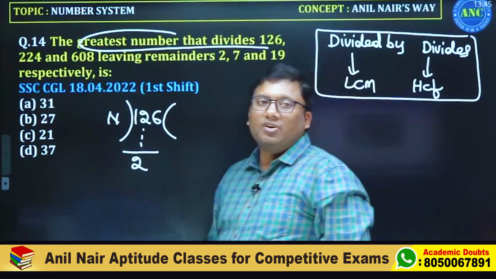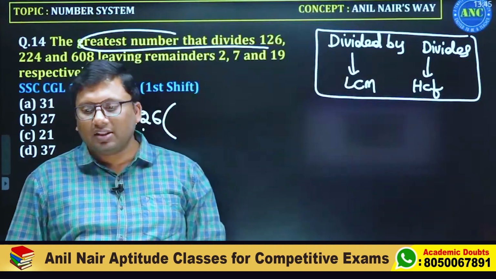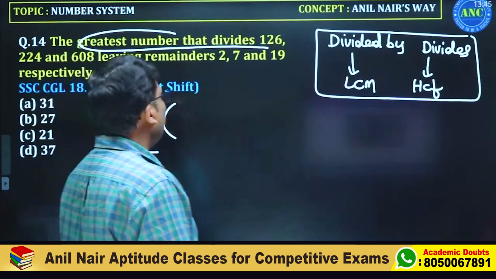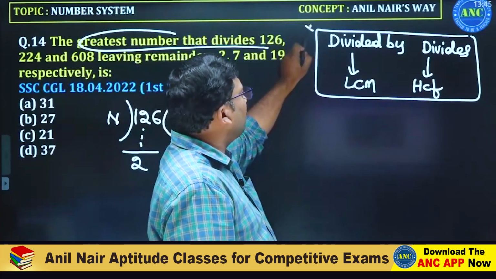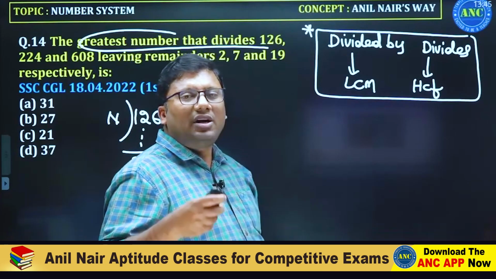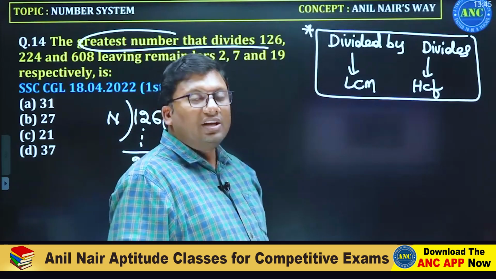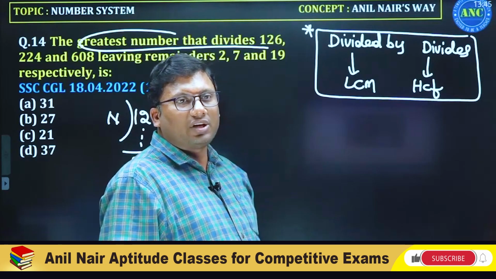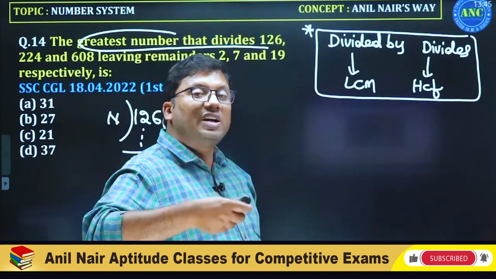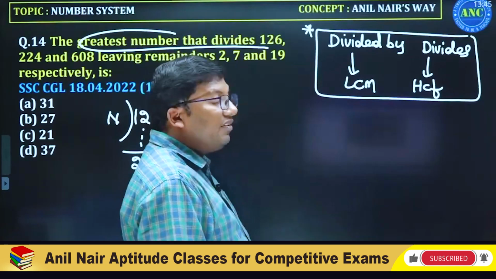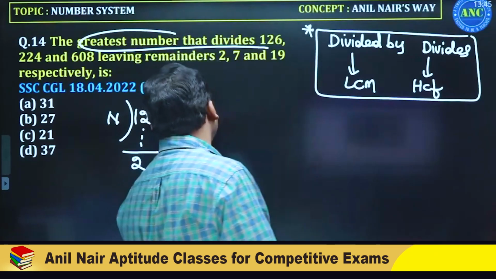The number which when divided by 5 and 3 gives a remainder of 2 is LCM of 5 and 3 into k plus 2. The number which will divide a lot of numbers: divides is HCF, divided by is LCM.